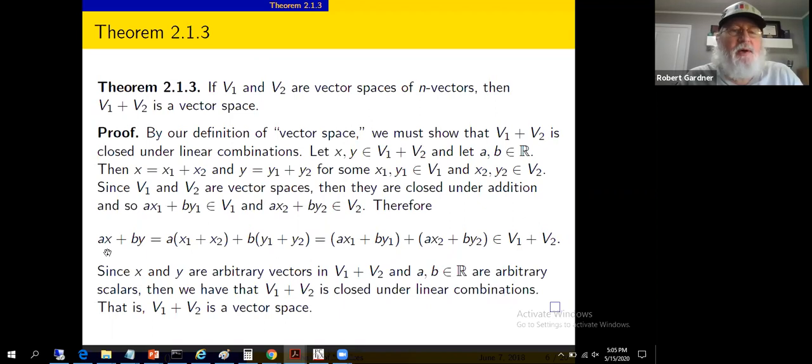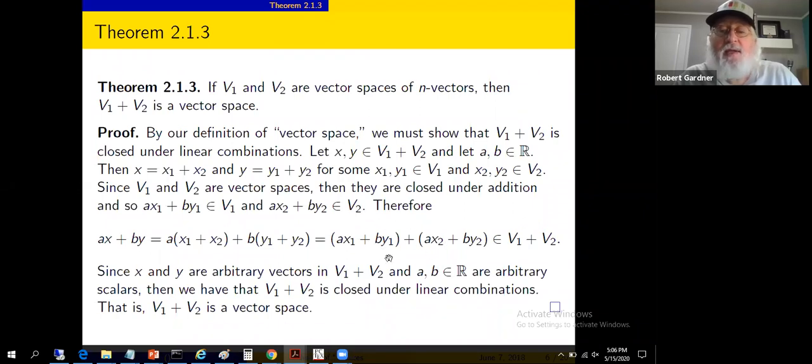All right, what was up with ax? X we had written as x1 plus x2, so we'll substitute there. Y we had written as y1 plus y2, where the subscripts indicate where these pieces of those vectors come from. We can rearrange that. Let's get the ax1 plus by1 together, and the ax2 plus by2 together: the subscripted 1s together, the subscripted 2s together. We just said this thing is in V1 and that thing is in V2.